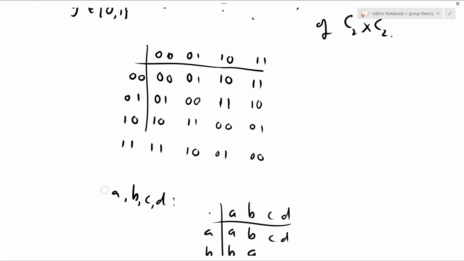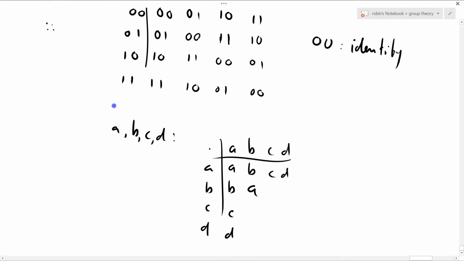Looking at this, (0,0) is the identity, and you'll see from this picture that the main diagonal has the identity. Of course it has, because if you do addition modulo 2 with a number and itself, you get 0. So the identity is on the main diagonal, so I can write that in, because A is the identity here.